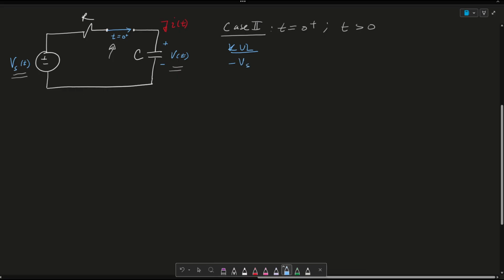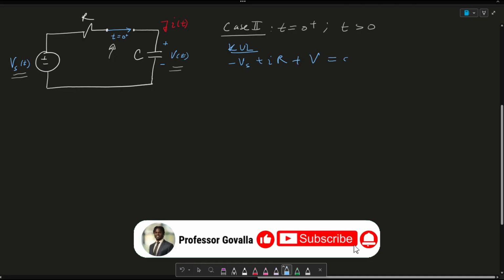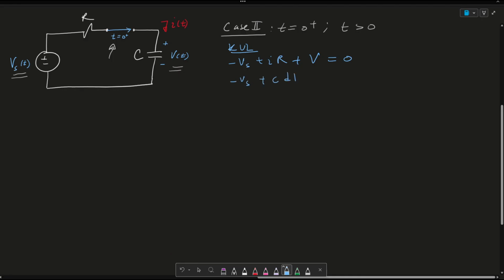So essentially what we can say is that minus Vs plus IR plus V must equate to 0. So then minus Vs plus C times dV over dt, and again, this here is essentially the current through a capacitor, I, times R, plus V must equate to 0.